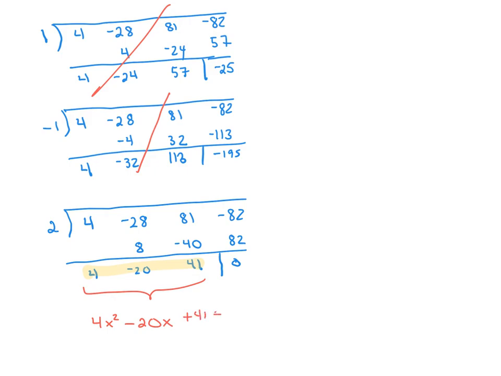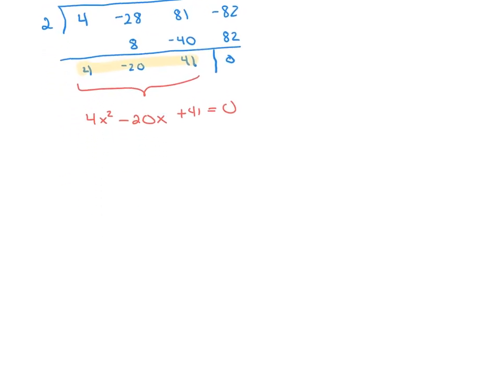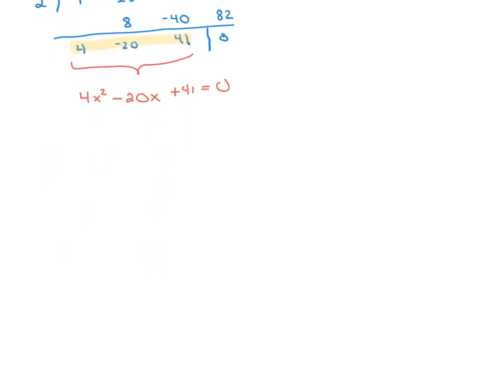So let's solve that equal to 0. x equals negative 20 plus or minus the square root of the square of negative 20 minus 4 times a times c. And that's all over 2 times 4.